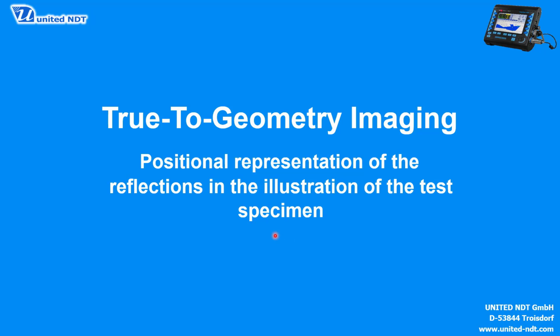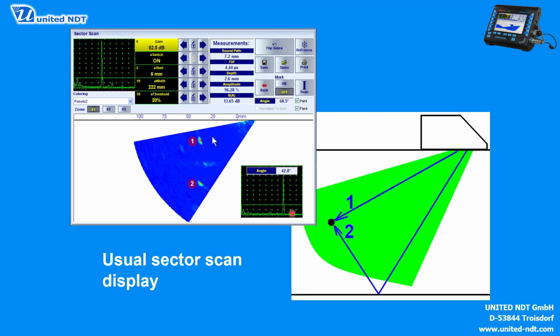Some explanation about this technology. Let's say we have a phased array probe over here on a test piece, and we have this sector. So we run with a range from a small angle to a high angle, and we have a particular angle where we hit a side drill hole.